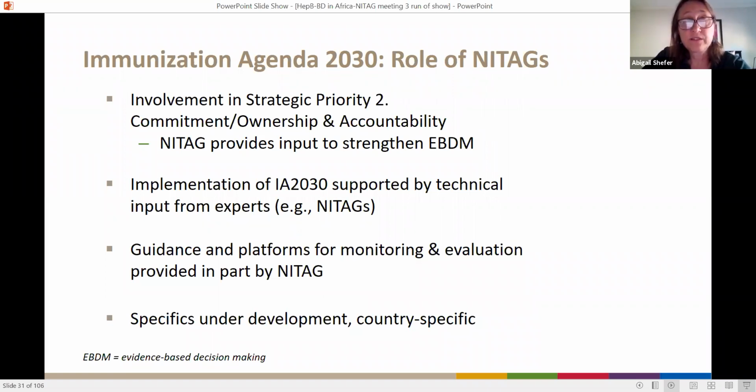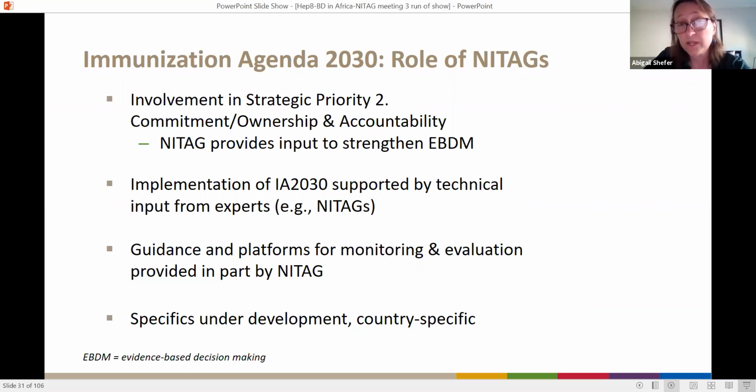Strategic priority objective indicators. There are indicators as part of IA 2030, which will be used to monitor progress. And mechanisms for analysis and interpretation of indicators will be developed, and platforms for regular evaluation will also need to be developed. And these will likely include SAGE meetings, RITAG meetings, and NITAG meetings.